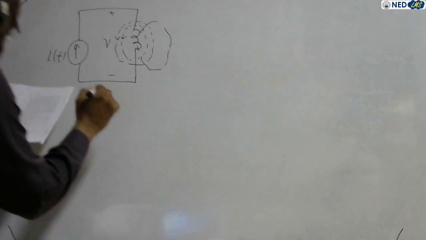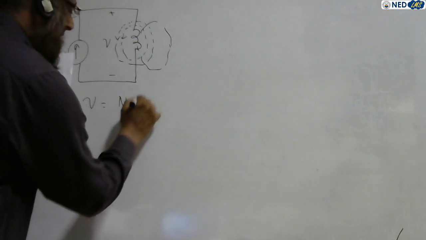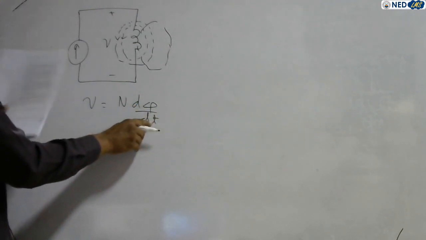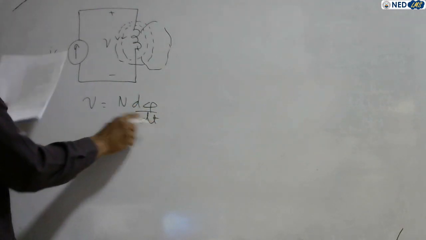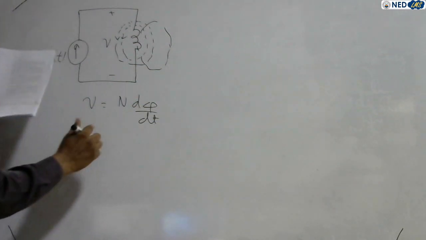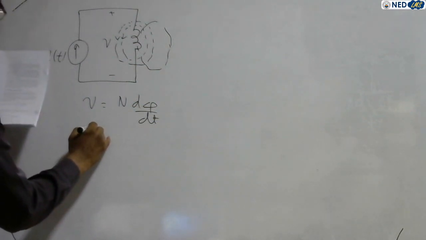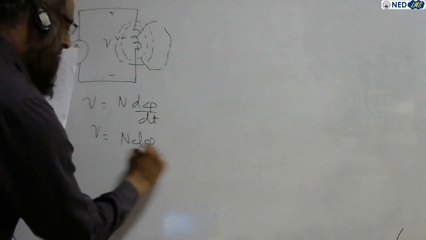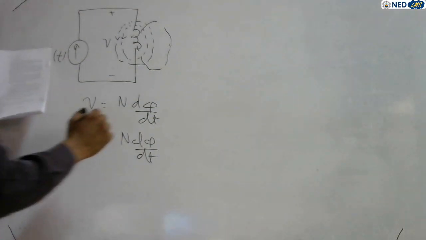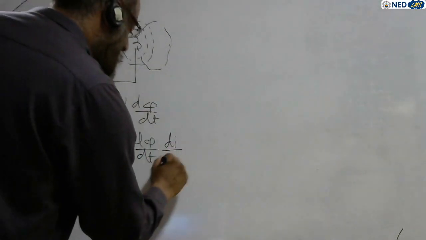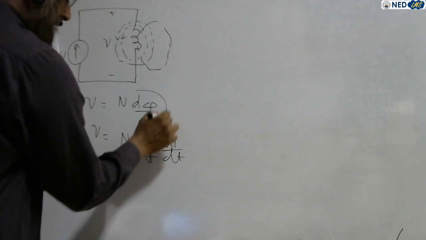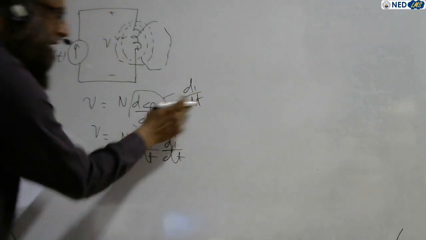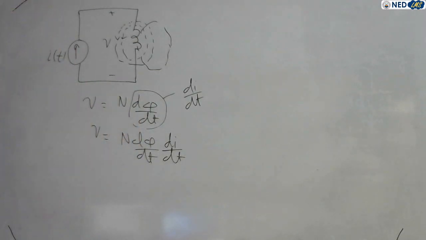So the voltage of this coil is nothing but N times d phi by dt, the number of turns of the coil times the rate of change of flux with respect to time. What was the cause of this flux? The cause of flux was di by dt. Rate of change of current with respect to time produces a rate of change of flux with respect to time.